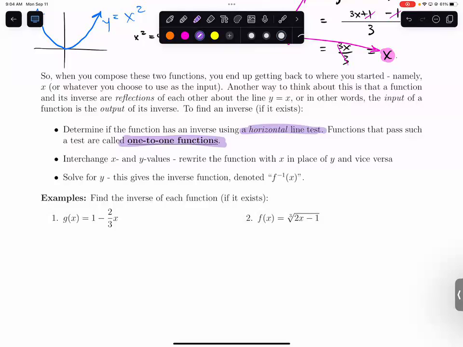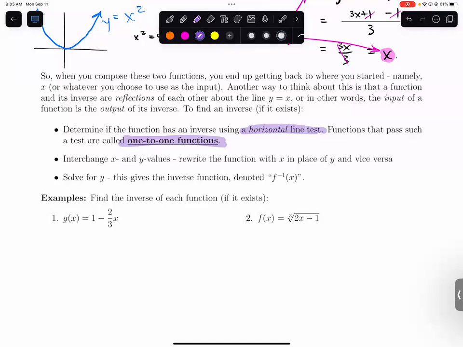When something does pass that horizontal line test, or is one-to-one, or is invertible, then to find the inverse, we can either do what we did on Friday and think through what steps happen and in what order, and then reverse those and go backwards. But sometimes that's a little bit much to ask.